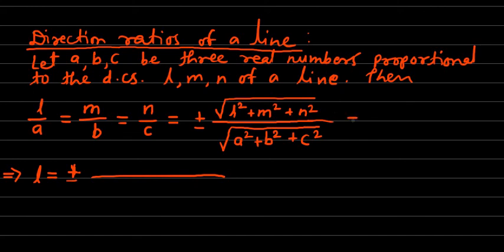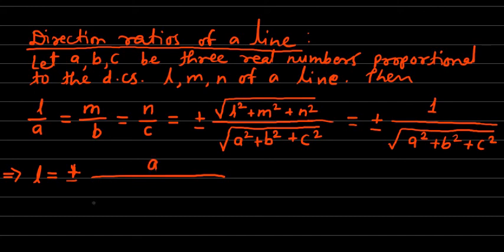Because L square plus M square plus N square is equal to 1, which we have just proved. So this is equal to plus or minus 1 upon the square root of A square plus B square plus C square. Therefore we got L equal to plus or minus A upon the square root of A square plus B square plus C square.